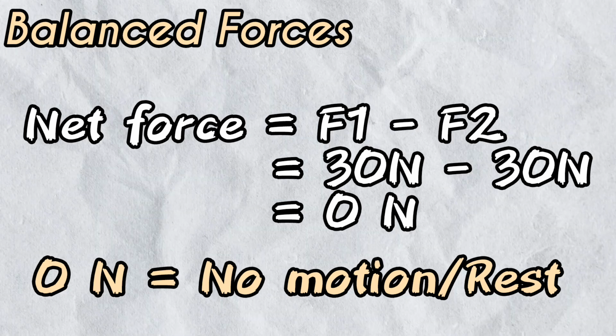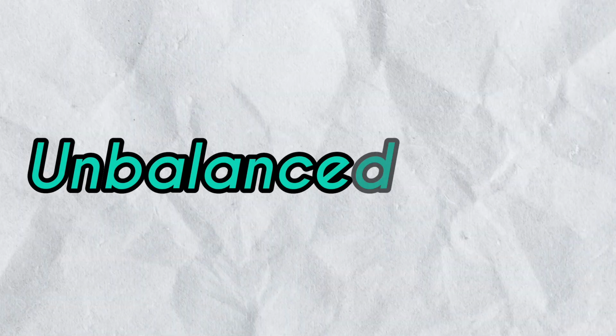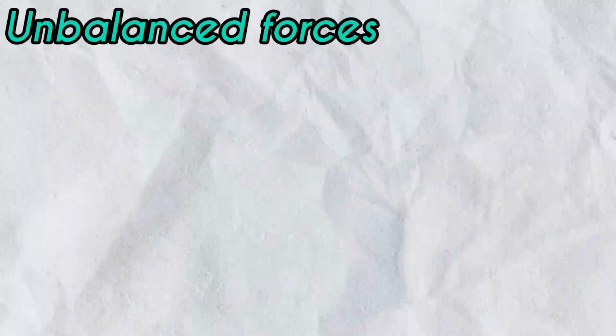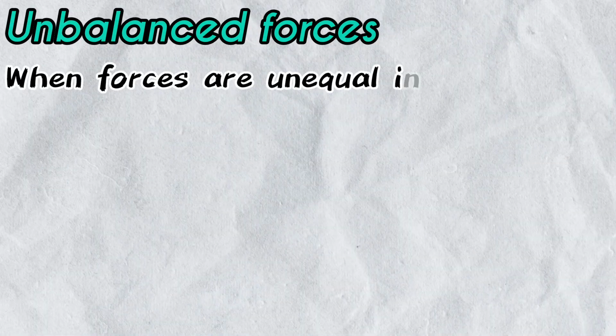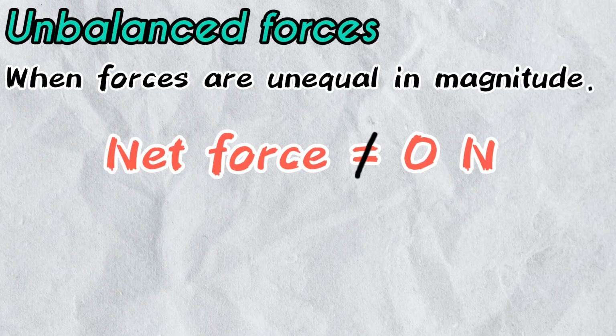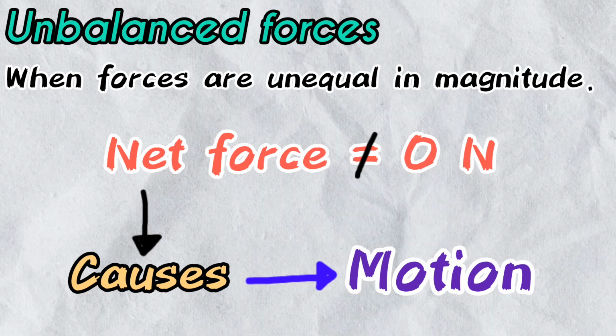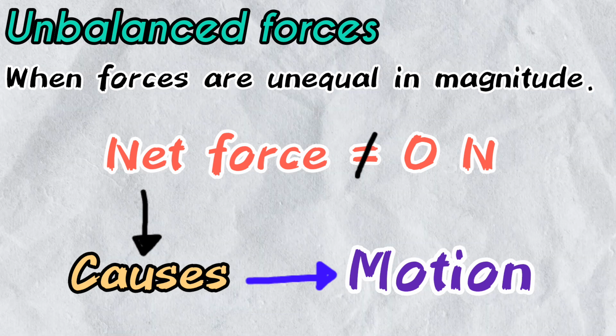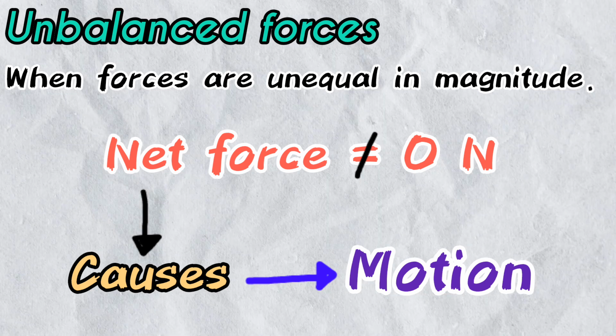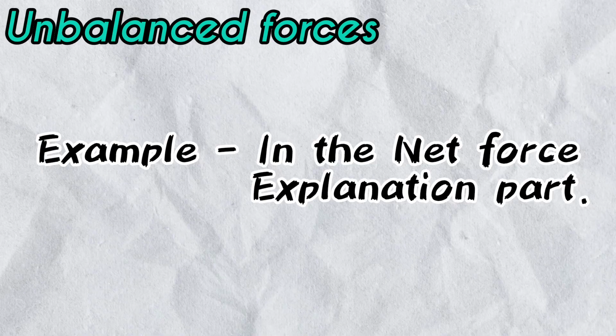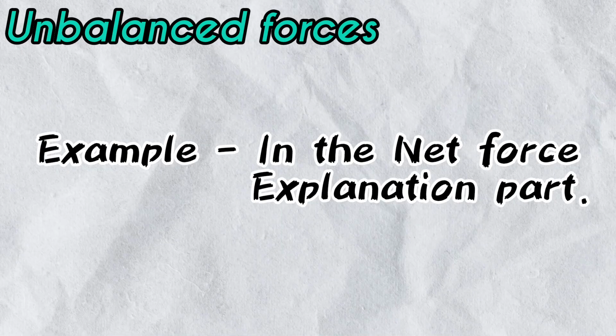Now let's understand what are unbalanced forces. When forces are unequal, the net force isn't 0, which causes motion. And I have already given its example in the net force part, where we got a net force of 30 newtons and the first team won.